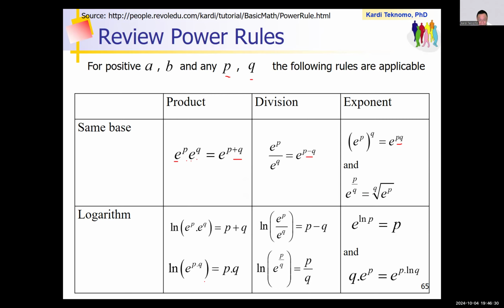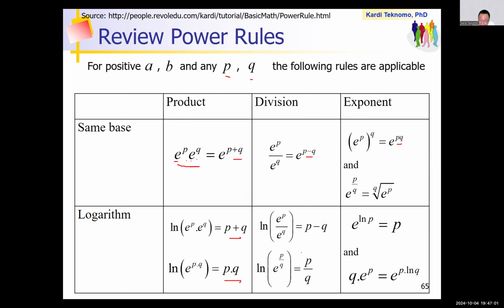And if the exponent is a fraction, that is the same as taking the root. Now, if you have a logarithm of e exponent p multiplied by e exponent q, then ln of this, you can bring the exponent out. ln of e is 1. The same thing, ln of e exponent p multiplied by q is p multiplied by q itself, because ln of e is 1.